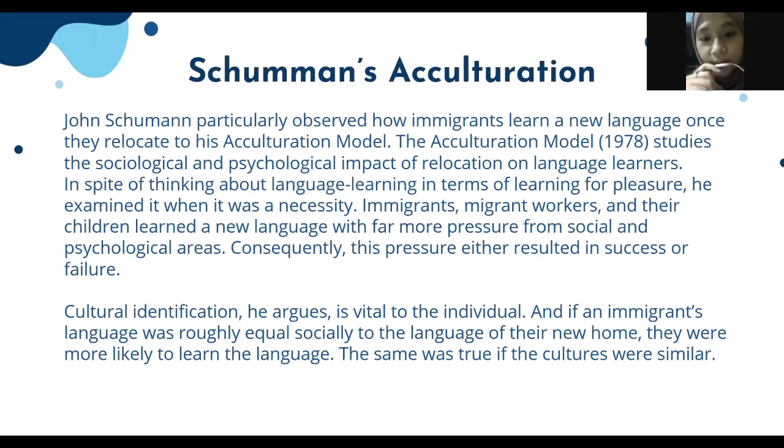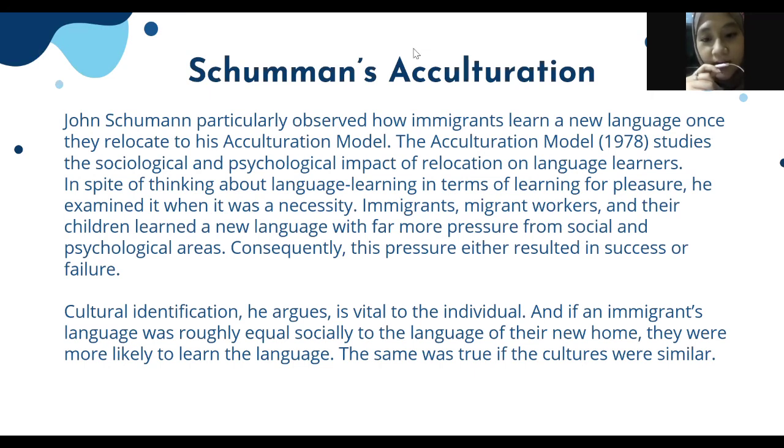Schumann's acculturation model. John Schumann particularly observes how immigrants learn a new language when they relocate. The acculturation model studies the sociological and psychological impact of the relocation on language learning. Instead of thinking about language learning in terms of learning for pleasure, he examined it when it was a necessity.